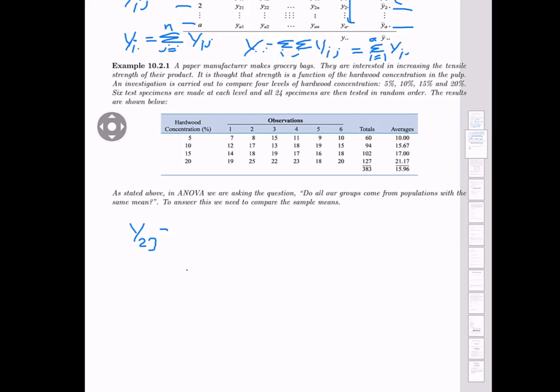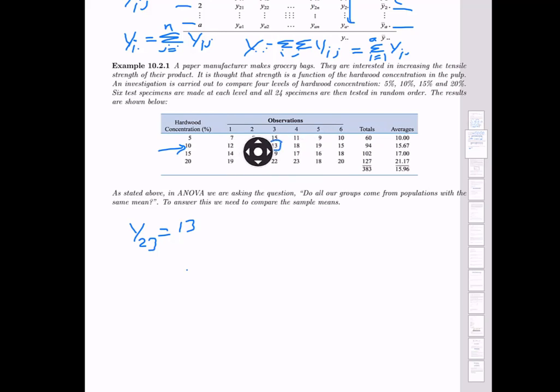Y23 means the third observation of the second group. This is the second group. So the third observation is, this is one, second one, third one, which is 30. Similarly, you can find any yij value from these numbers.